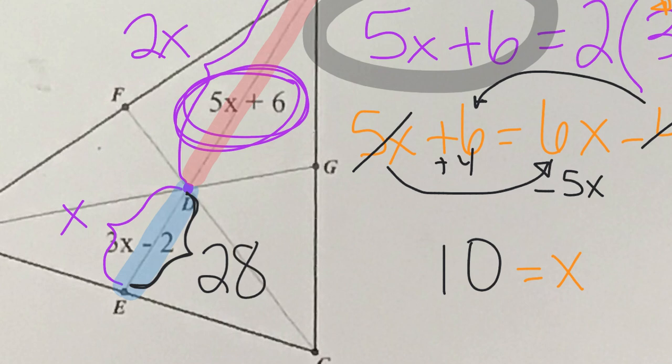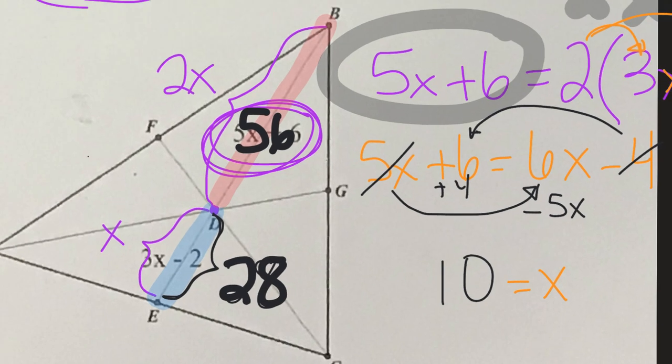Excellent. 28. 3 times 10 is 30. 30 minus 2 is 28. Okay, and what is 5 times 10 plus 6? 56. Is 56 twice 28? Yes, it is, of course.